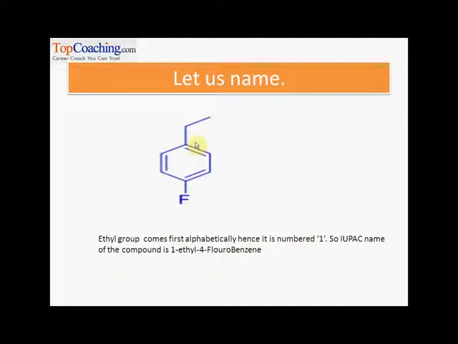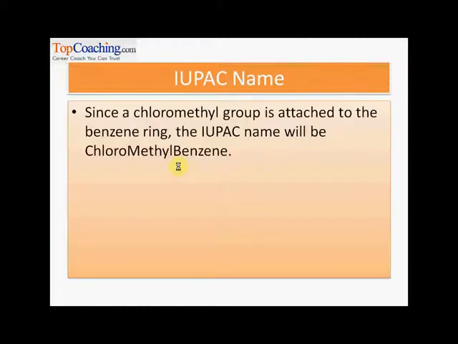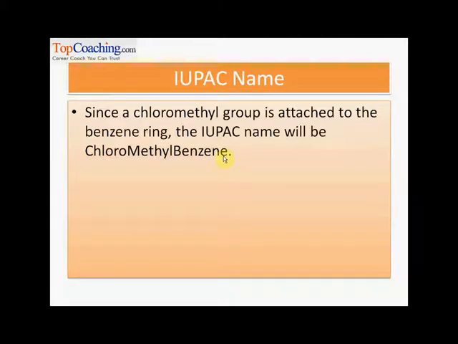So it would be named 1-ethyl-4-fluorobenzene. Now here a chloro and a methyl. A methyl would be here, right? A chloro and a methyl group is attached to the benzene, and hence the name would be chloromethylbenzene.